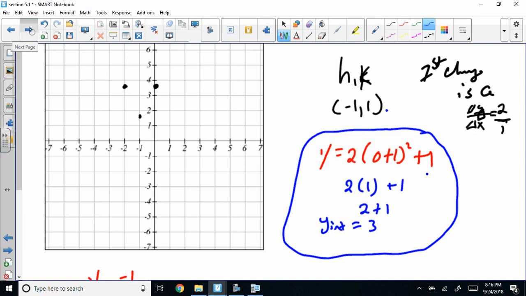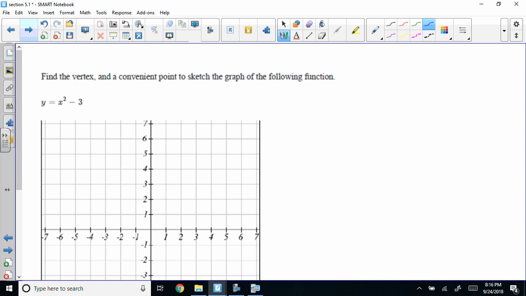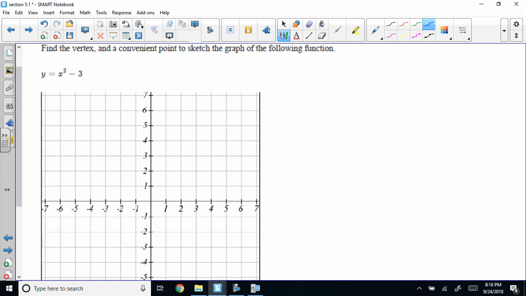Next. Find the vertex and a convenient point. Sketch the graph of the following. What's convenient, right? Now my question is this: y equals x squared minus 3. What form is that in?